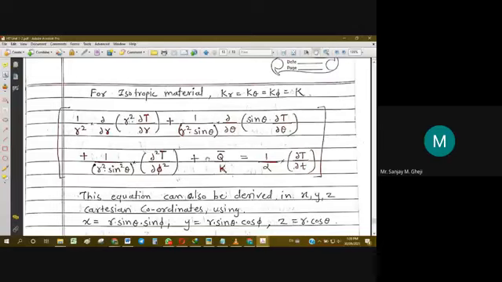So with this, we complete our discussion on the generalized differential equation of heat conduction using the law of energy conservation and the equation of energy balance for all three coordinate systems: Cartesian, cylindrical, and spherical.